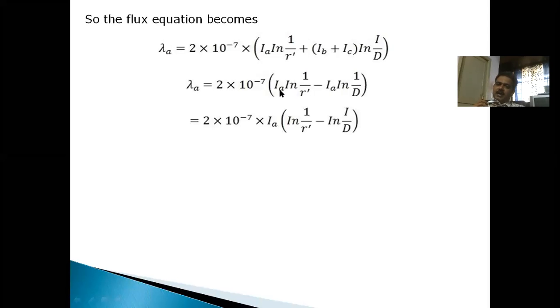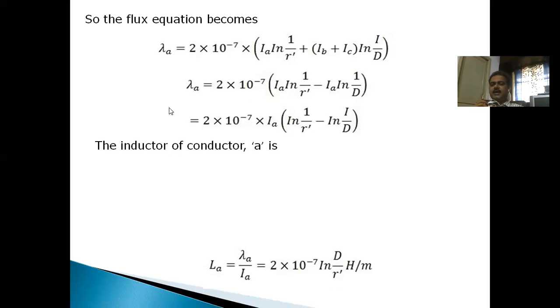Now the terms, if we observe, are I_A ln 1 by R dash minus I_A ln 1 by D. If we take I_A as common, this gives the total flux linkages in conductor A.